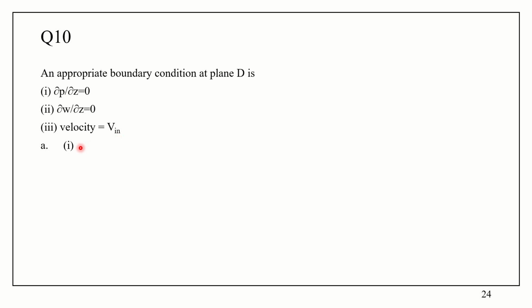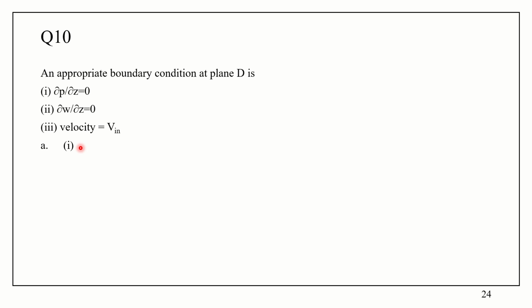So I was mentioning that whenever we are solving a CFD problem, we will give appropriate boundary conditions at the planes, right? Like in the inlet, we will say that velocity is equal to V in some value, and at the outlet, we will give open to atmosphere. So pressure outlet boundary condition. So something like that we will be giving. So similarly, we are given with three boundary conditions.